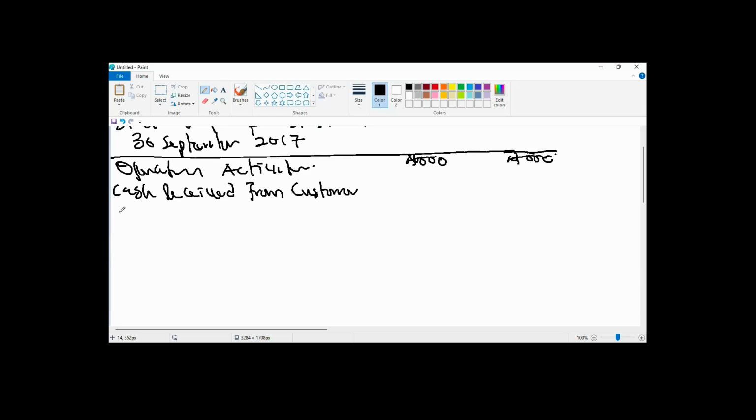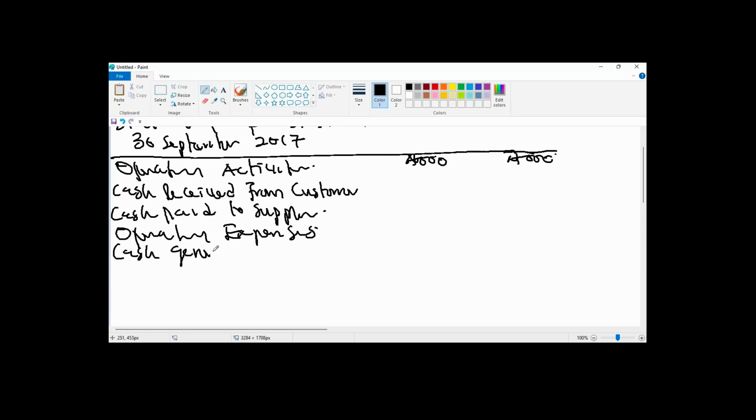Cash paid to supplier. If it is indirect method, I will say profit before tax, add back non-cash items. It's different from this one. Operating expenses. This will not give me cash generated from operation.